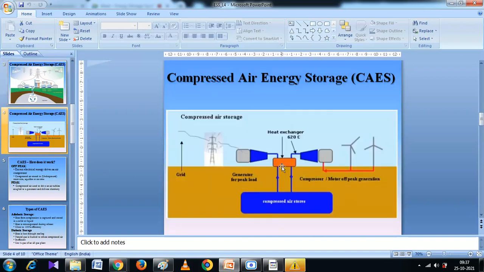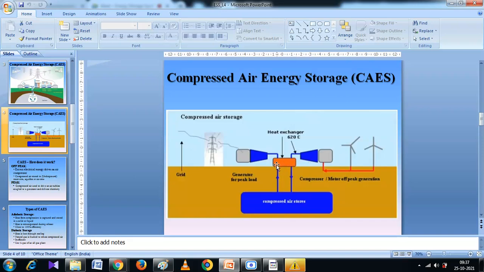But in the case of the regenerative type, the heat is taken when the compressed air is pushed into the reservoir, and that heat is used to heat up the compressed air when the peak demand is coming, when we are using the compressed air to produce electricity.